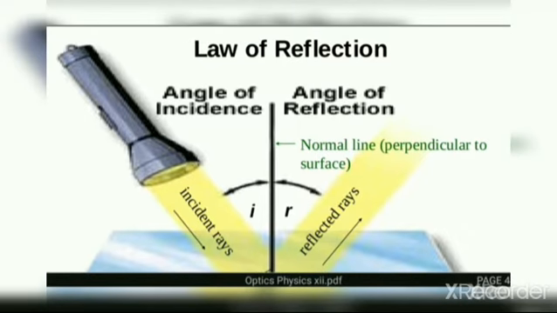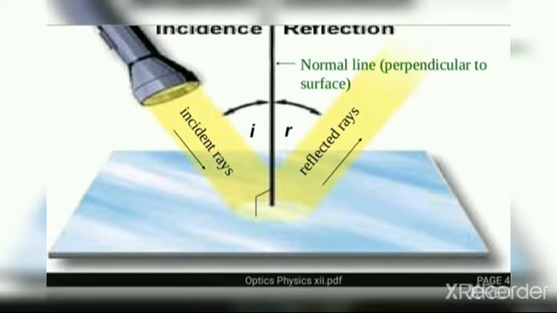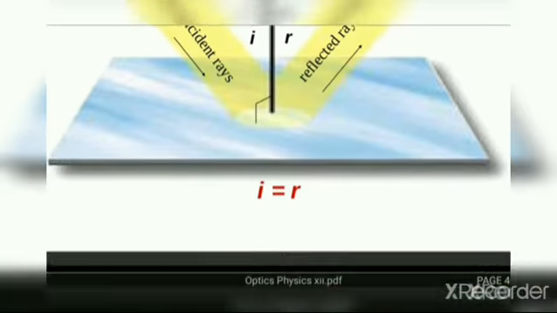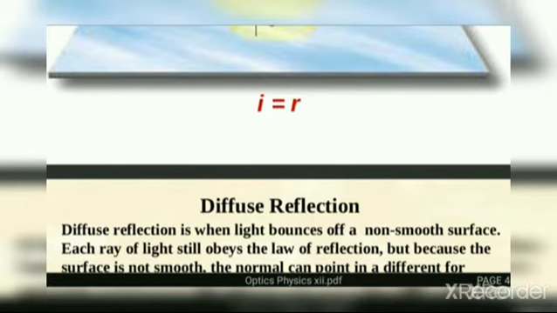Again revising the law, the angle of incidence is equal to the angle of reflection. The incident ray, reflected ray and normal drawn at the point of incidence are in the same plane. This law is applicable to curved surfaces also. You can see on the screen what is the incident ray, where is the reflected ray and where is the normal line. That is, i is equal to r.